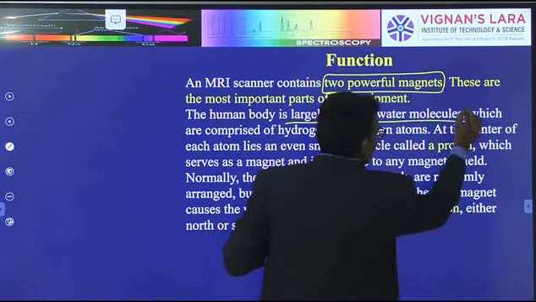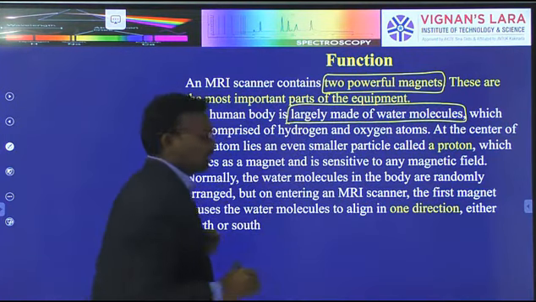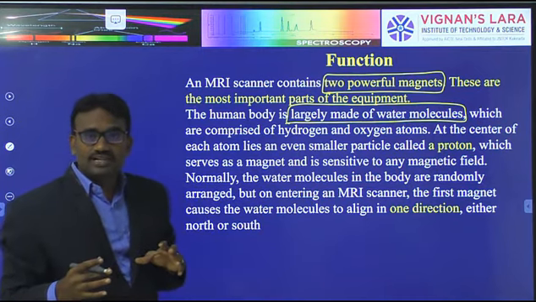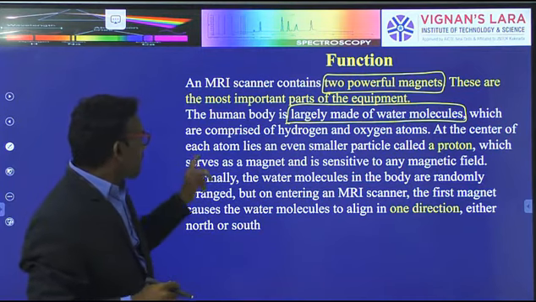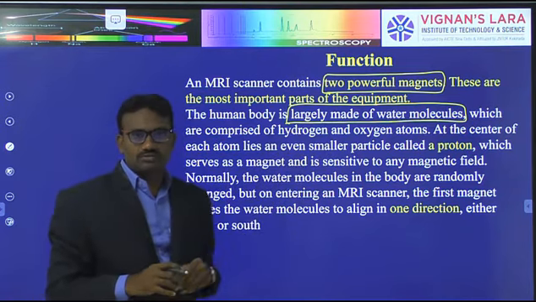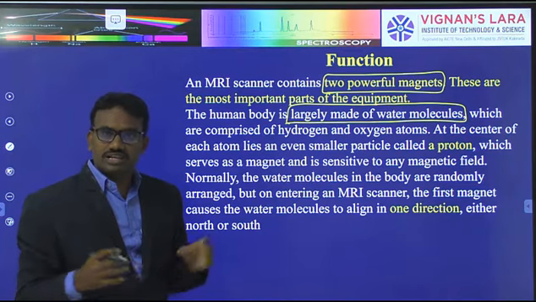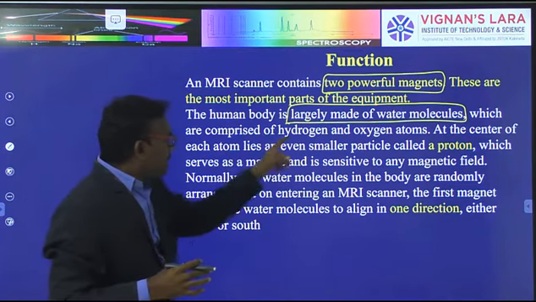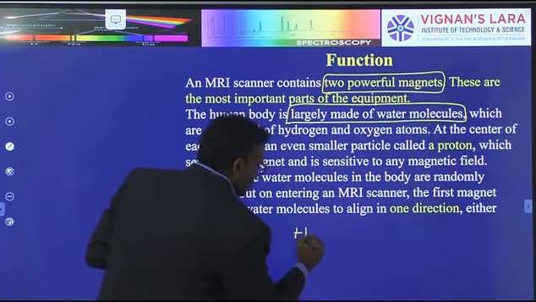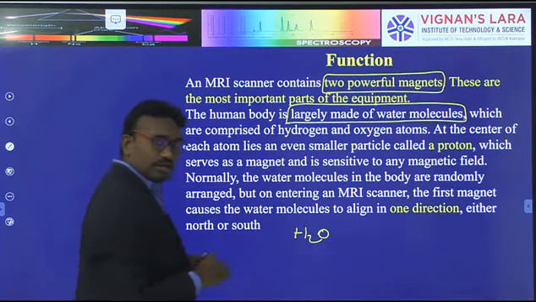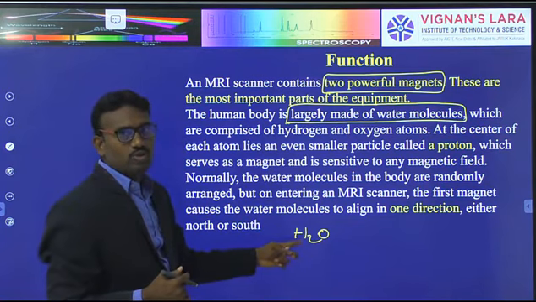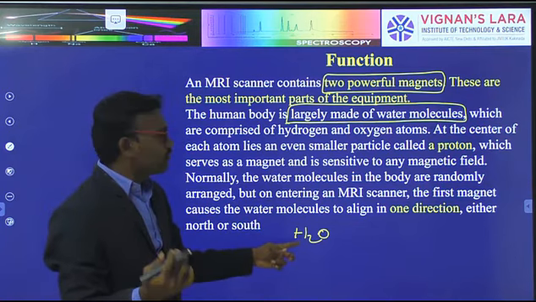Our body is about 70% water, and the water molecule is composed of hydrogen and oxygen atoms. That means the water molecule is H2O. Our body contains 70% water.